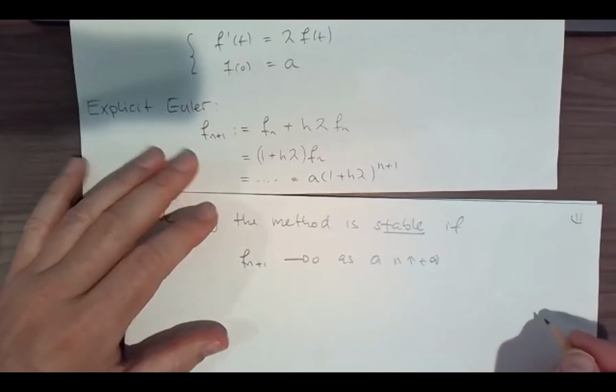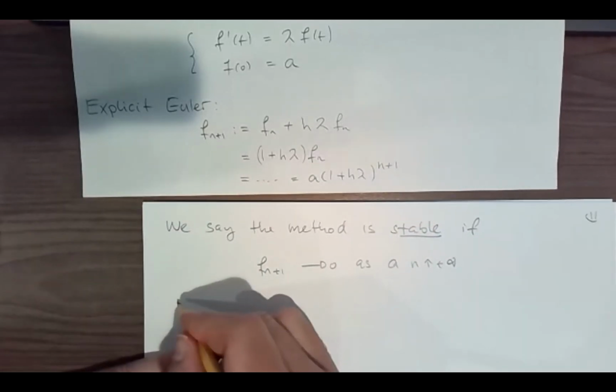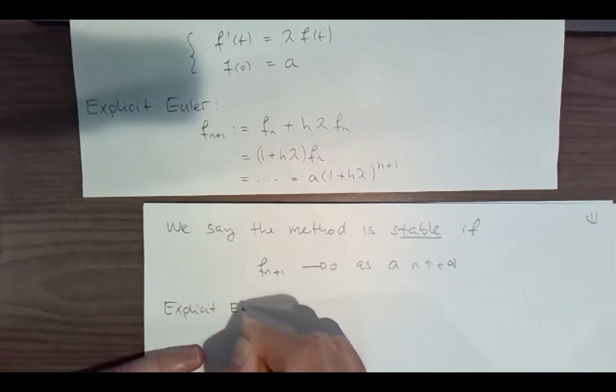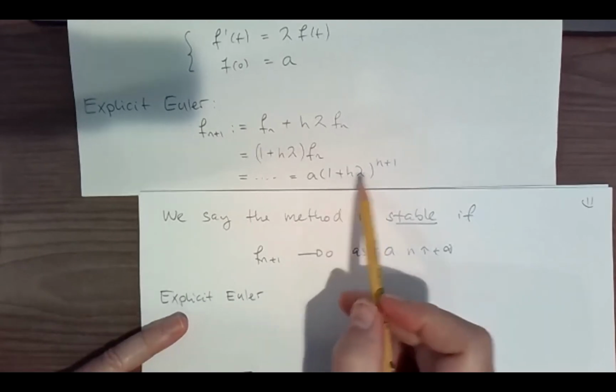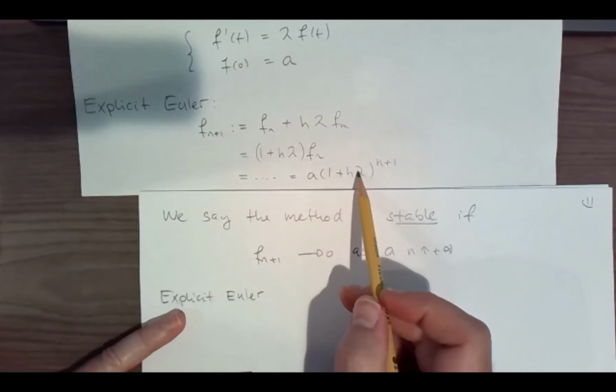So when does that happen? For the explicit Euler, that happens exactly when this coefficient we're raising to the power n plus 1 is not big.